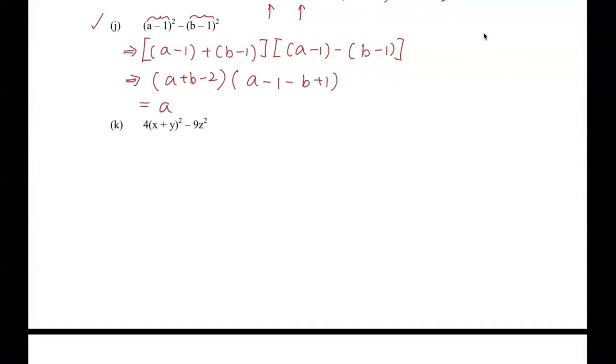So this will become (a + b − 2) times (a − b), because −1 plus 1 canceled out. Okay, so this will be the final answer. Okay, so this is section 2.